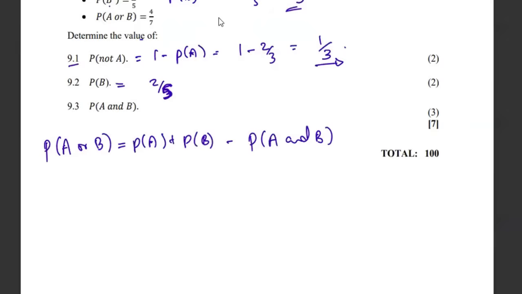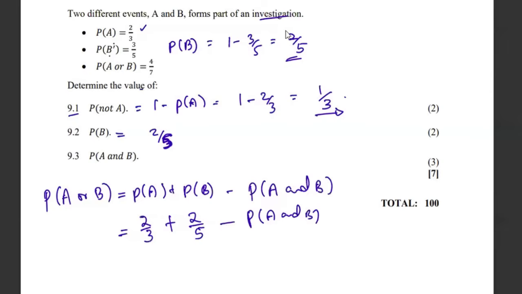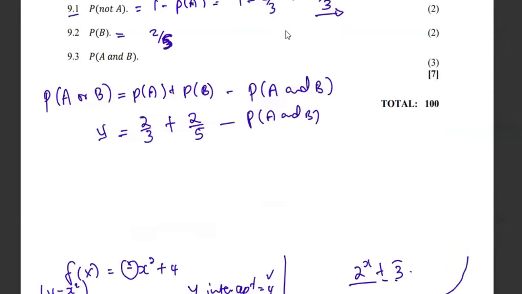Substitute. Probability of A, we said it's 2 over 3. And then probability of B, we said it's 2 over 5, minus what we are looking for, equated to 4 over 7.